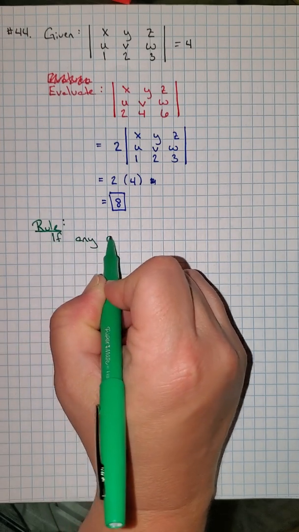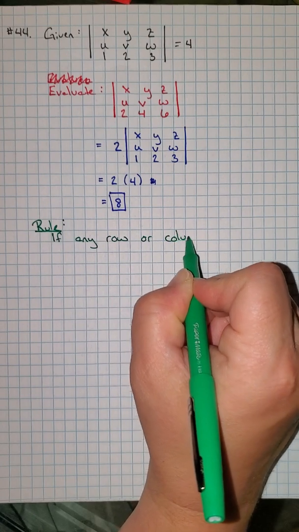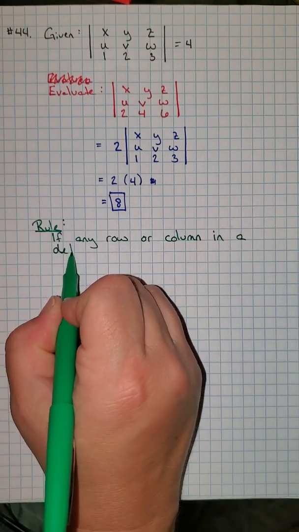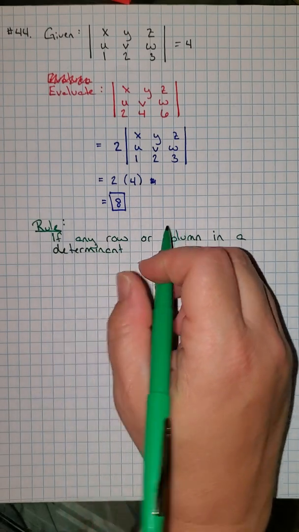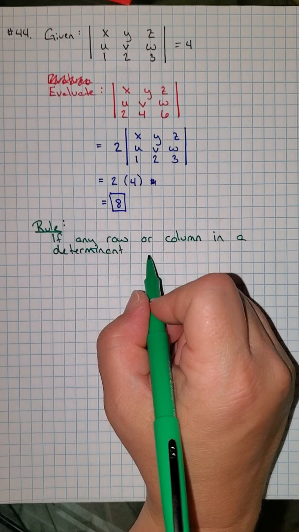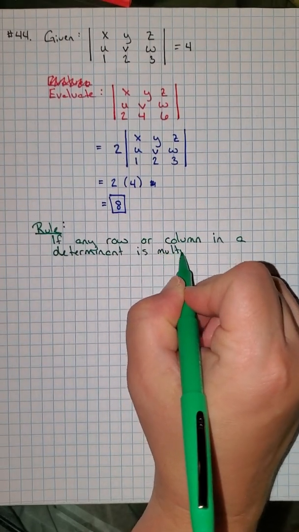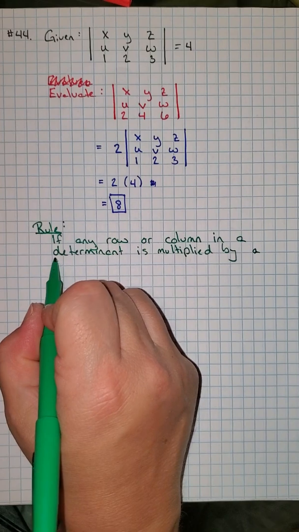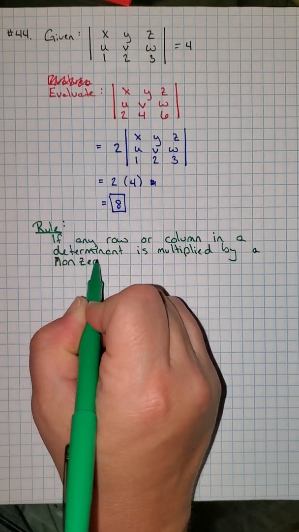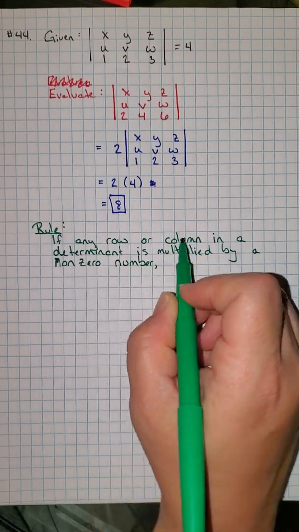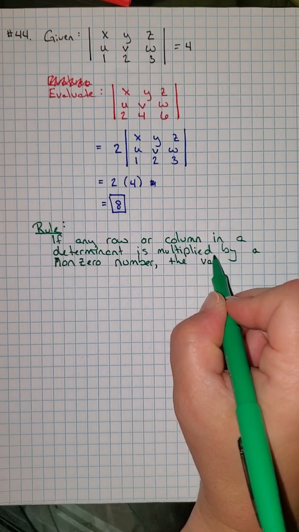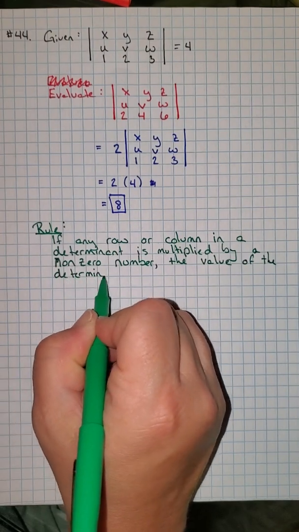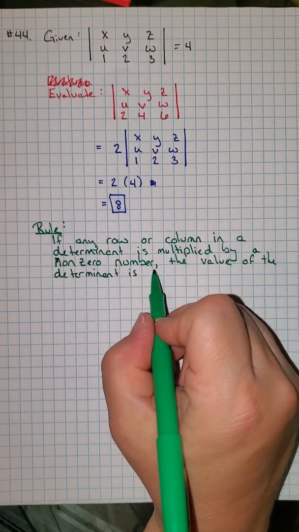So if any row or column in a determinant is multiplied by a non-zero number, the value of the determinant is multiplied by that number also.